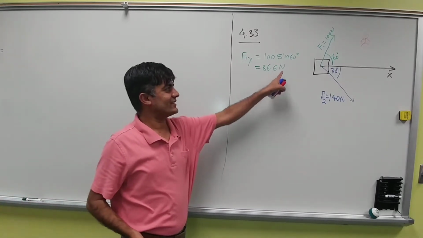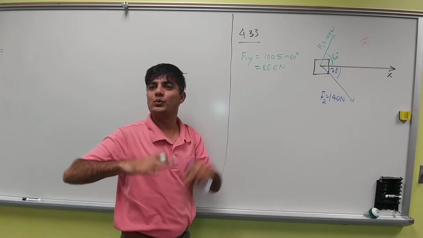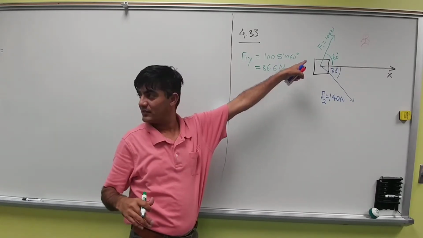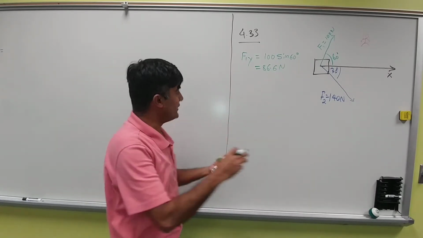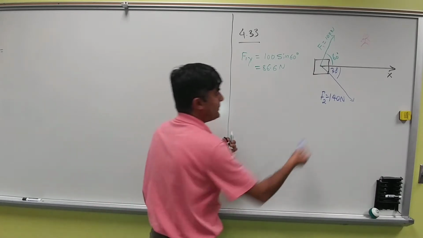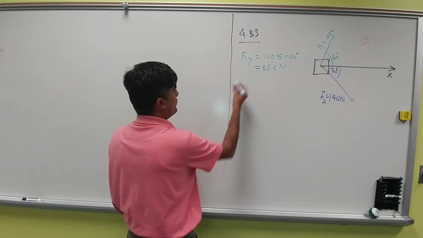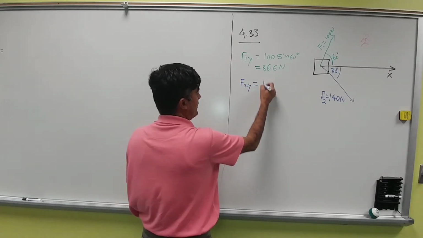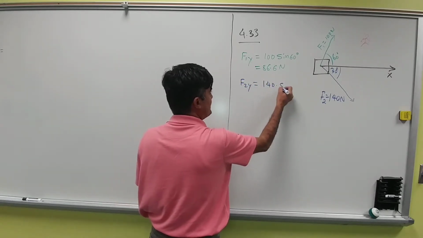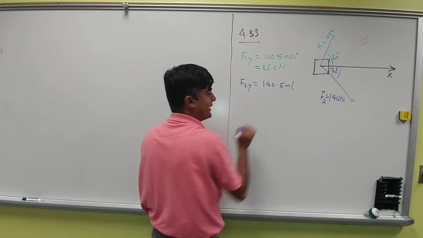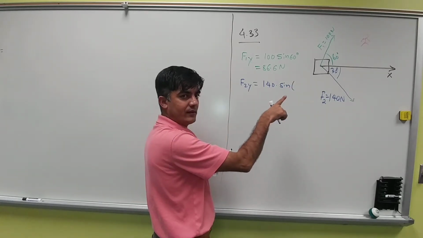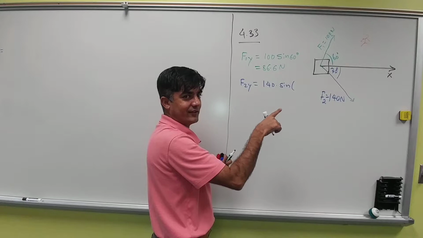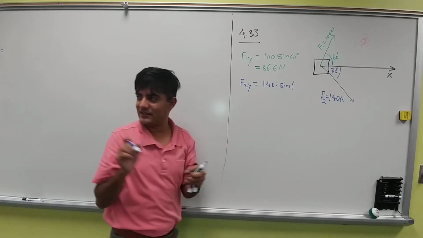This one is the y part of this force. Now, if we check the y part of this guy, F2y will be what? 140 times sine 30, but you are missing a little bit something.